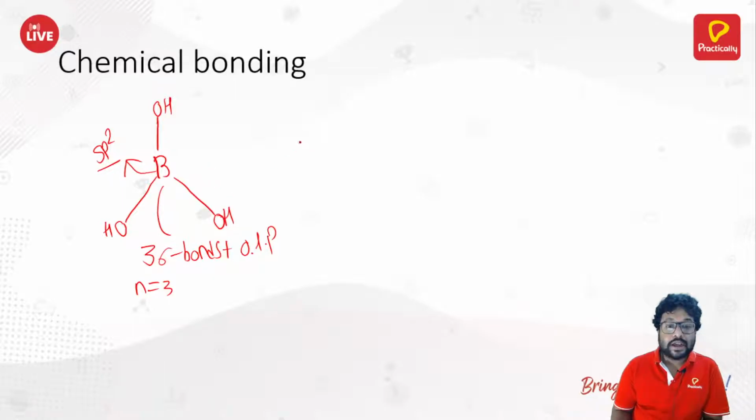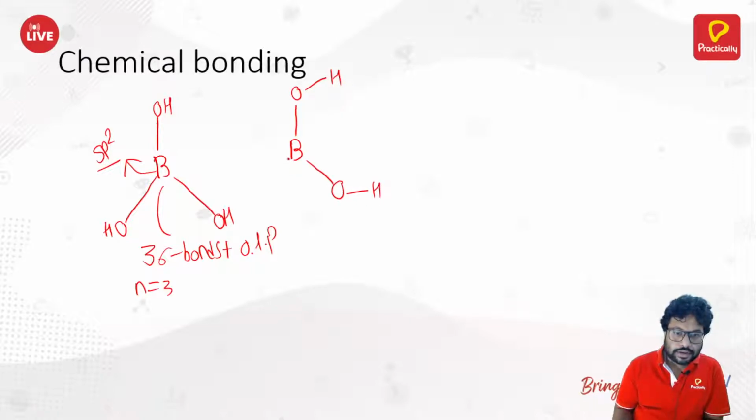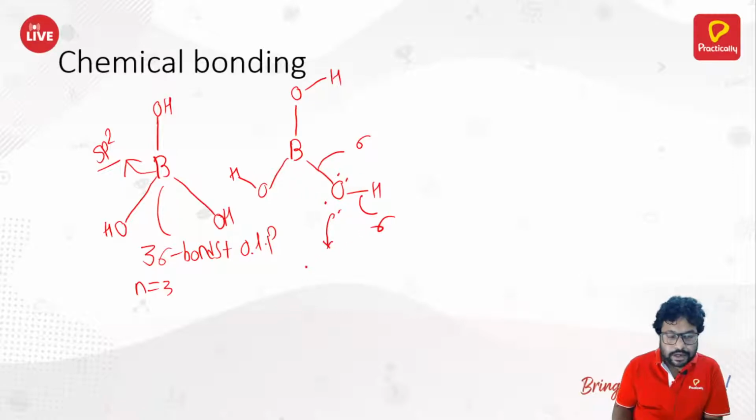Now let's look at the OH. Boron, oxygen, hydrogen, oxygen, hydrogen, oxygen, hydrogen. Now all these OH are same. So your oxygen has formed 2 sigma bonds. This one is sigma. This one is also sigma. So your oxygen has formed two sigma bonds plus it has two lone pairs, which makes the N together equal to 4.